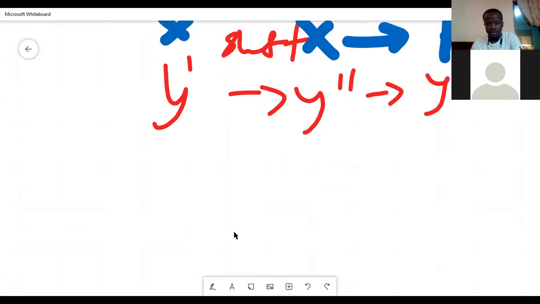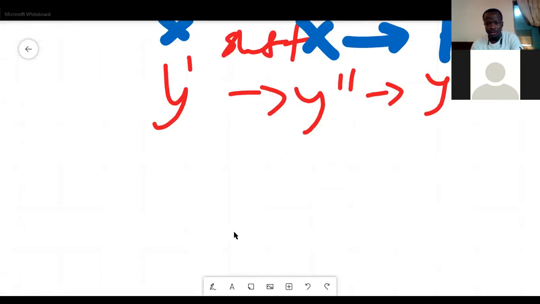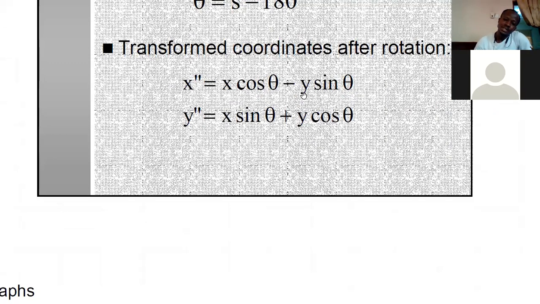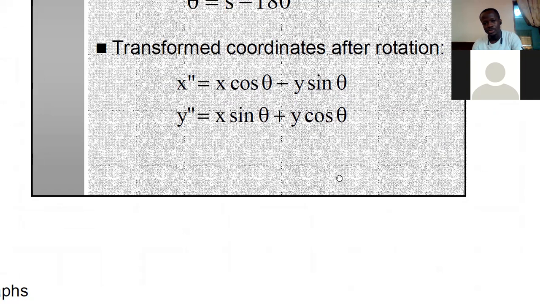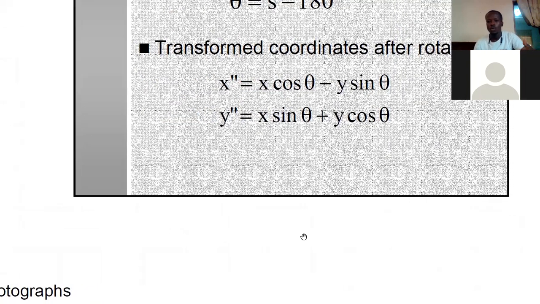All right, so the relationship between the coordinates, if you look at it, I'm going back to my PDF, you see that the photo coordinate system has to be first rotated to x prime prime, y prime prime, which is what you are looking at on the board. So this relationship is for coordinate transformation, the rotation aspect. Most of the time, this is how it looks: x cos theta minus y sin theta gives you x prime prime.